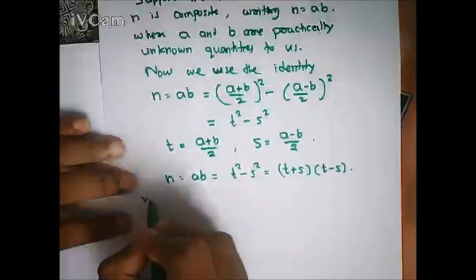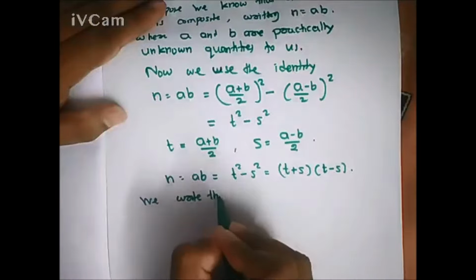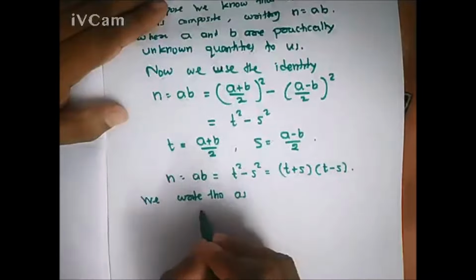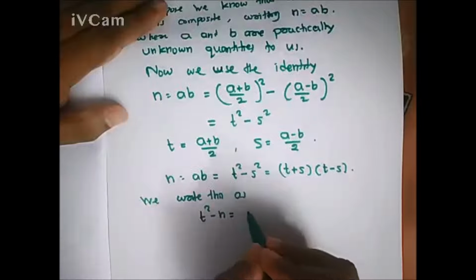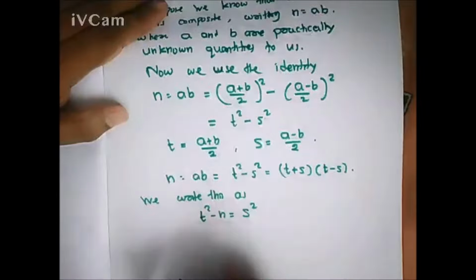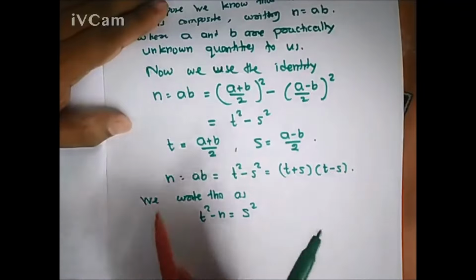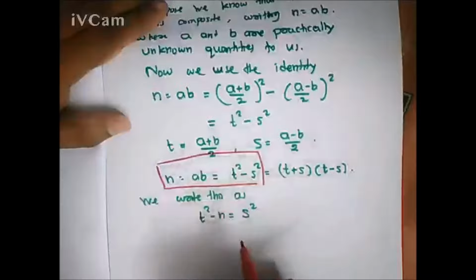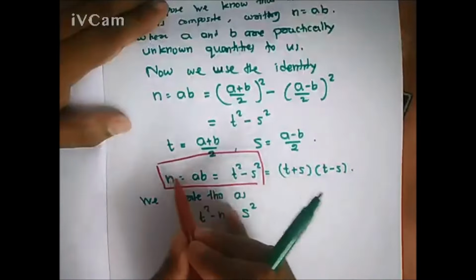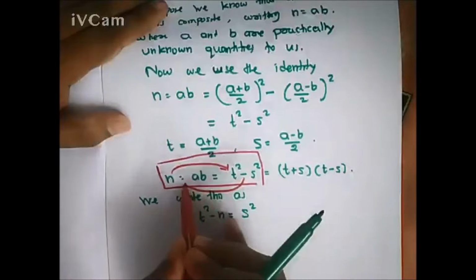Now we write this as t square minus n equals s square. Look carefully: n equal to t square minus s square, so t square minus n is s square.